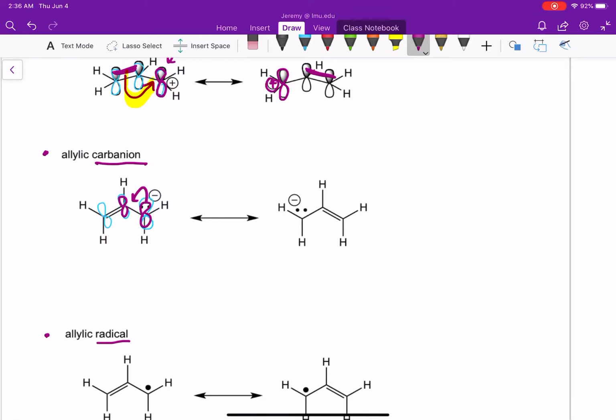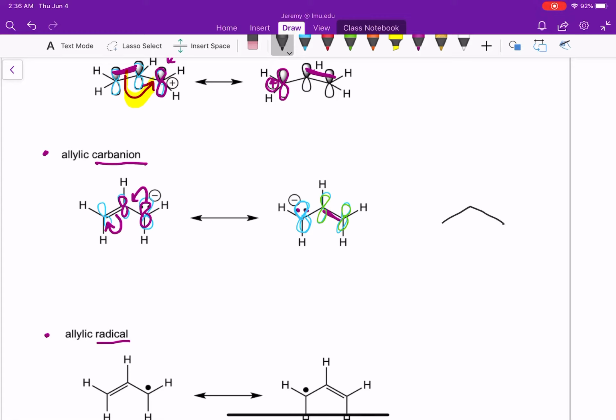That's that pi bond. And then this lone pair moves into that p orbital by itself. So again, we still have our three p orbitals here. The p orbitals in green have the pi bond, and the p orbital in blue has a lone pair, okay?